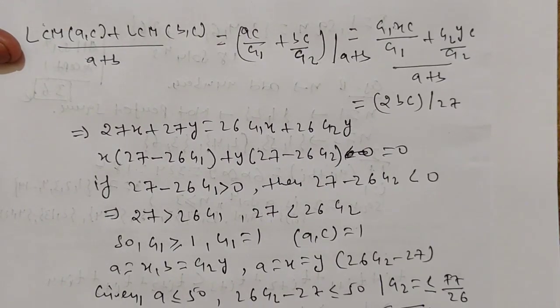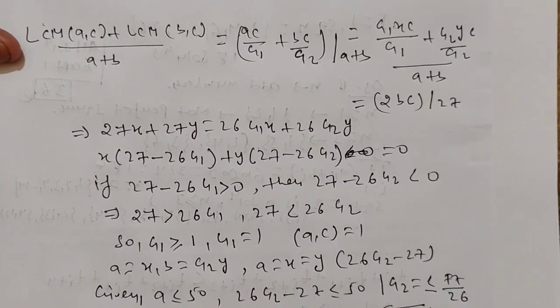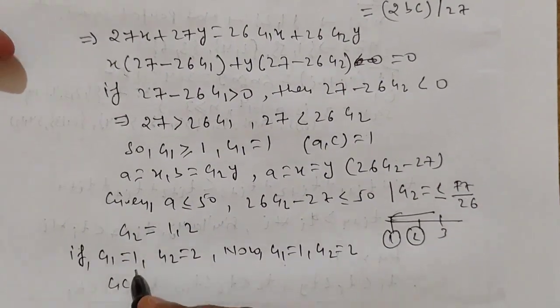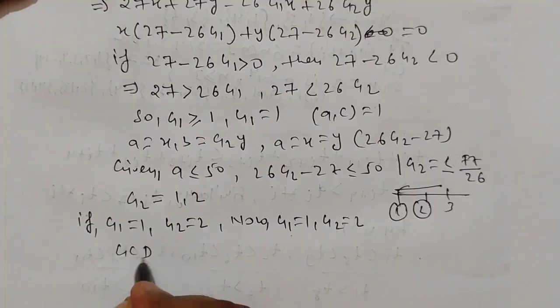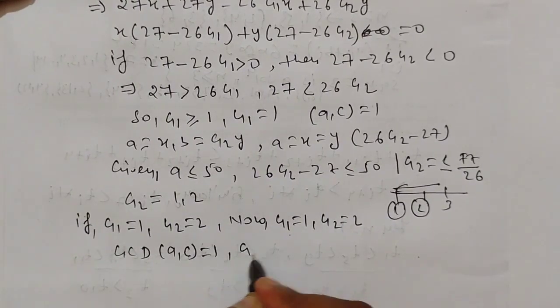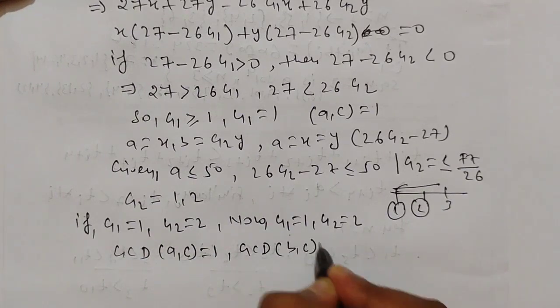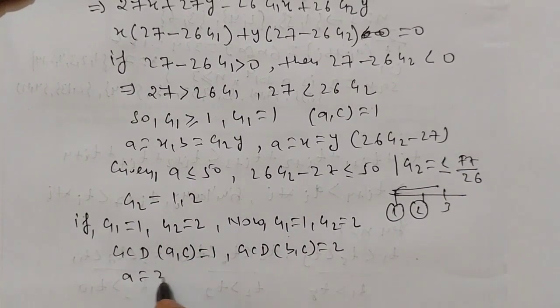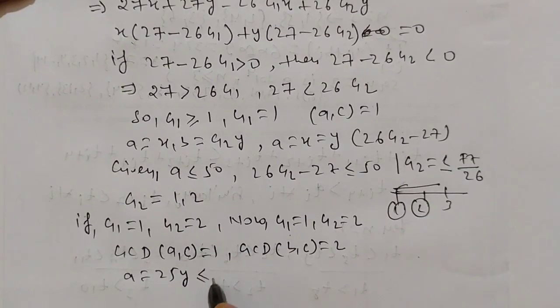is equal to 1, this means G2 is equal to 2. Now we have G1 equal to 1 and G2 equal to 2. So the greatest common divisor GCD of AC is equal to 1 and GCD of BC is equal to 2. So A is equal to 25Y, Y is less than or equal to 50, and C is even.